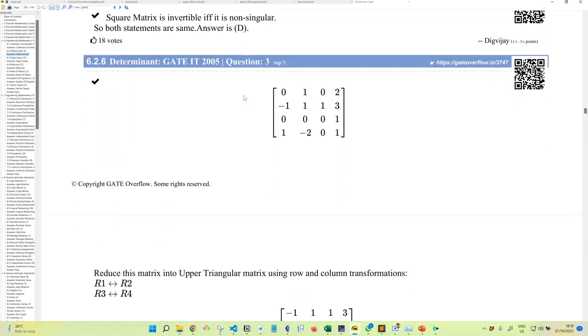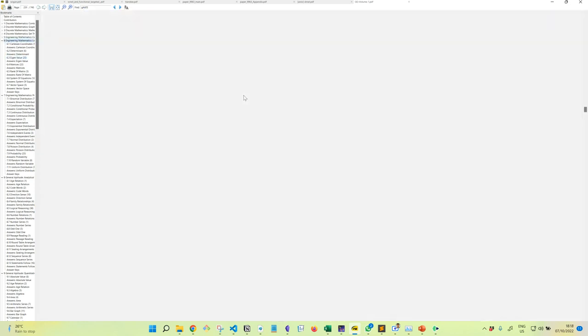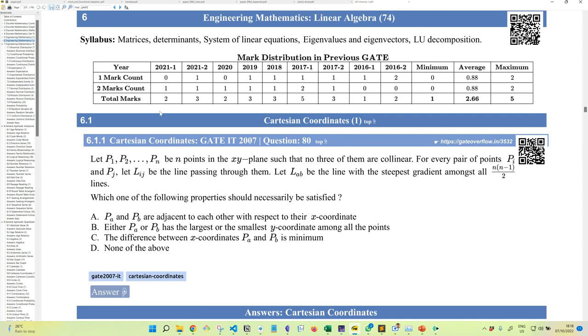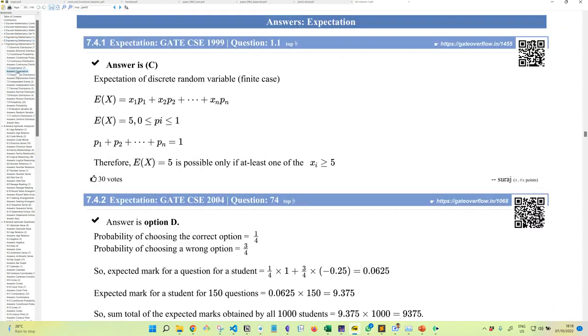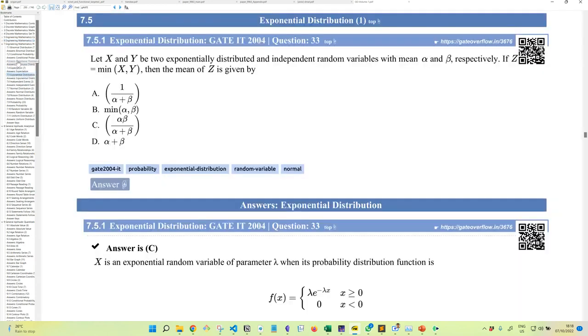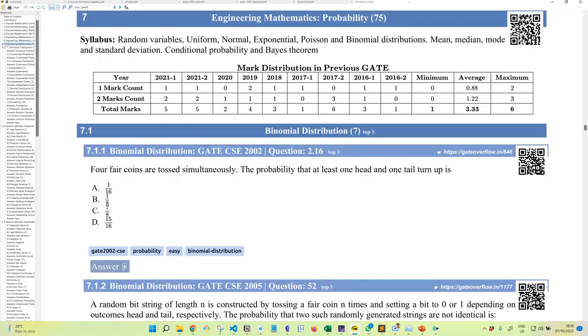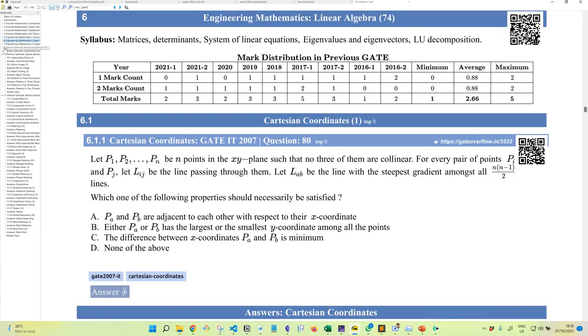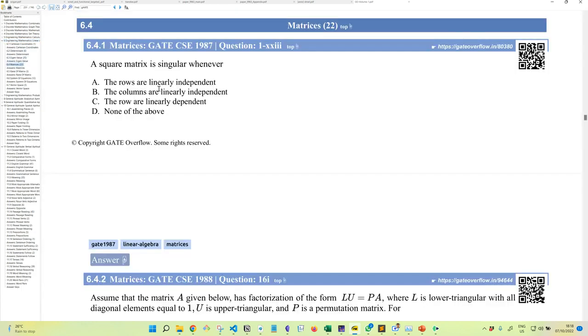Actually, I should have bookmarked the page number. Sorry about it. This is probability, we don't want probability. Determine eigenvalues, matrices.